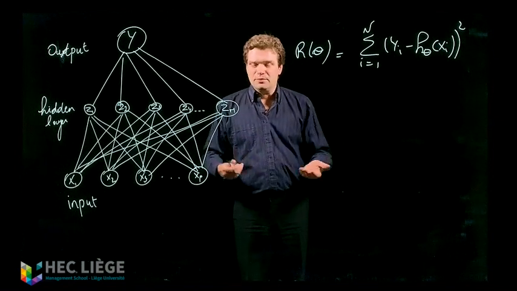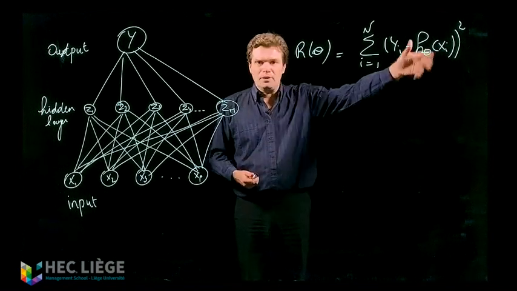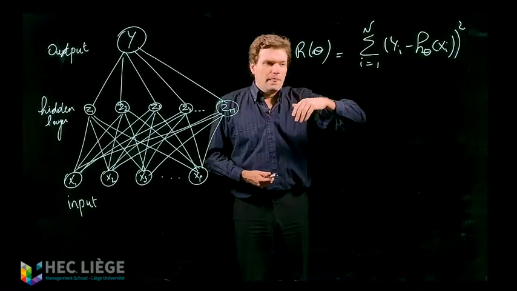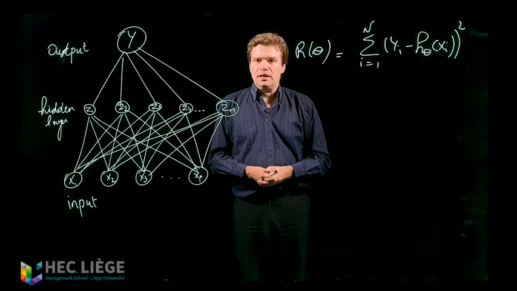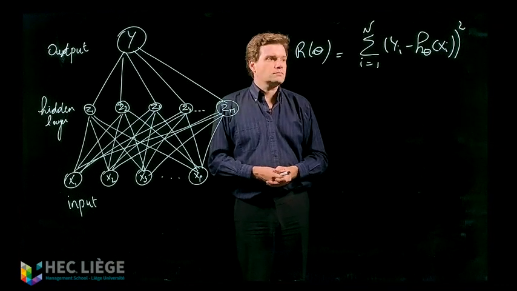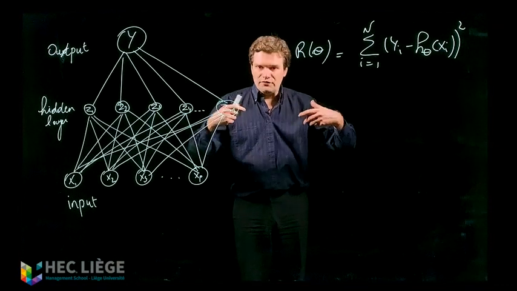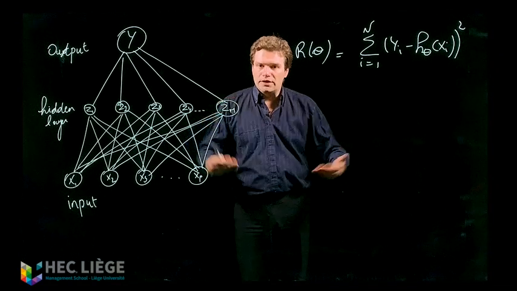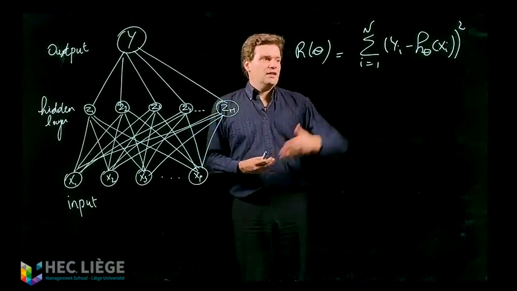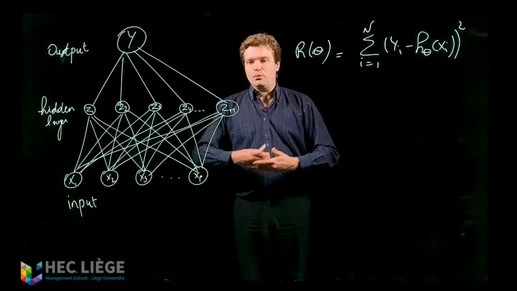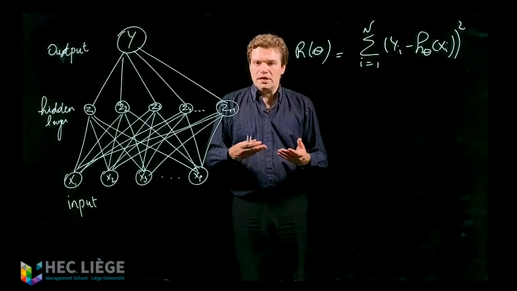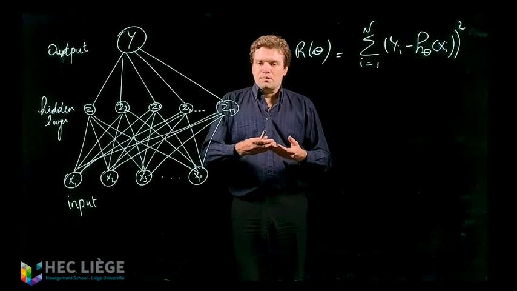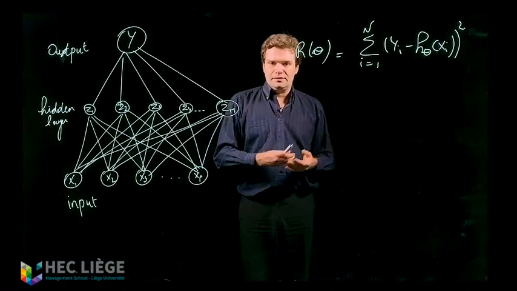And it's not possible to solve this problem analytically, as it is the case when we work with linear regression. Thus we have an iterative algorithm. This is solved, for example, by a well-known technique which is named the gradient descent.